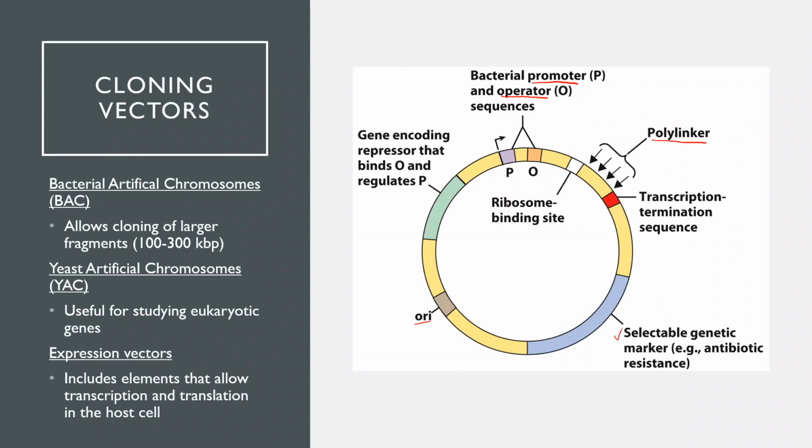The ribosome does not bind to the DNA, of course, but once this sequence is transcribed, the messenger RNA will contain whatever you inserted into your vector from your polylinker, but it will also have a ribosome binding site.